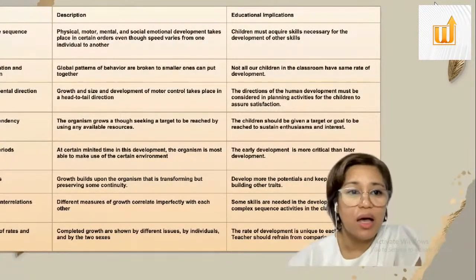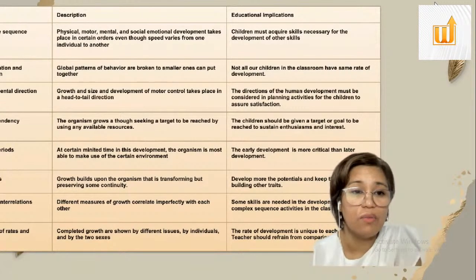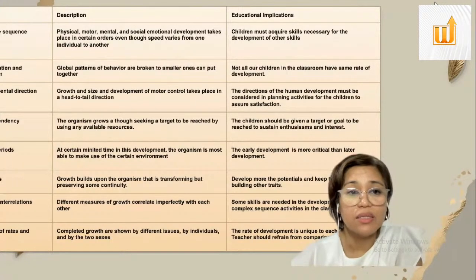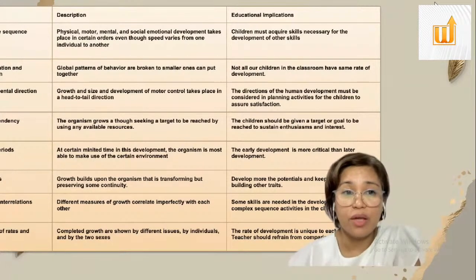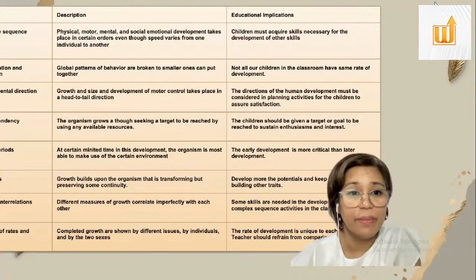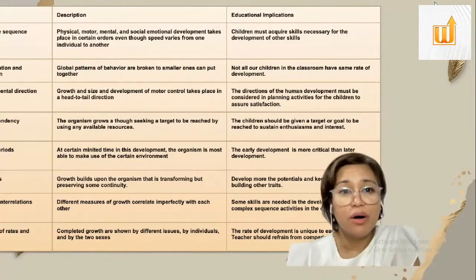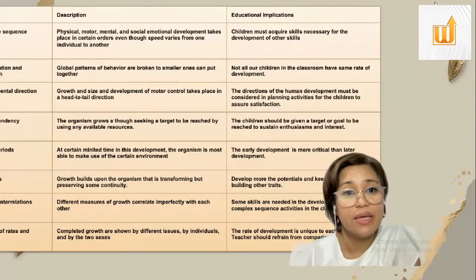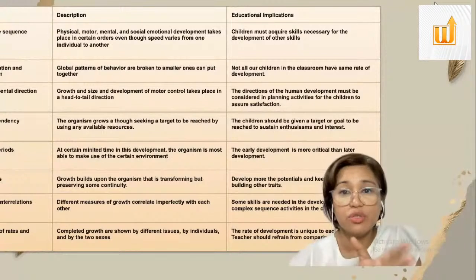Okay, so we look at the sequence of development, and then we look at environmental directions, and we look at the universal patterns and global patterns and their implication to education, such as a development sequence: the physical, motor, mental, social, emotional development takes place in certain orders, but varies from one individual to another.